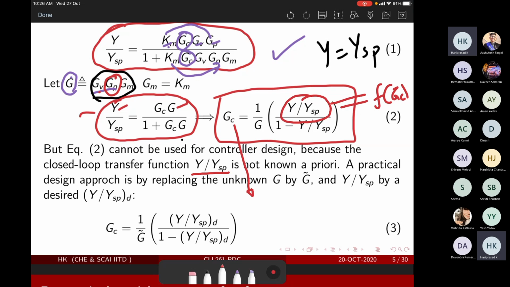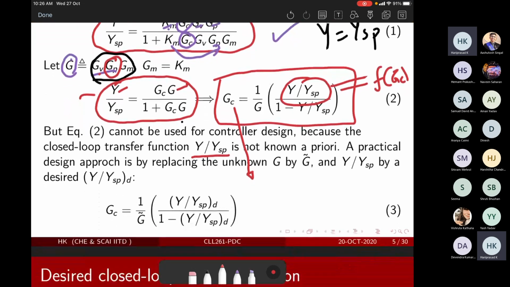So what the people who designed direct synthesis did is the following. They said you don't require y by ysp as it is. What you really require is y by ysp desired.